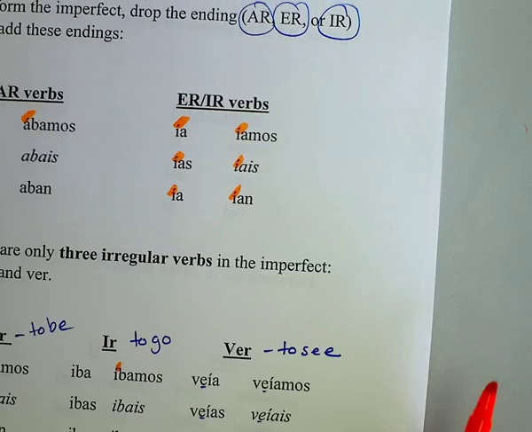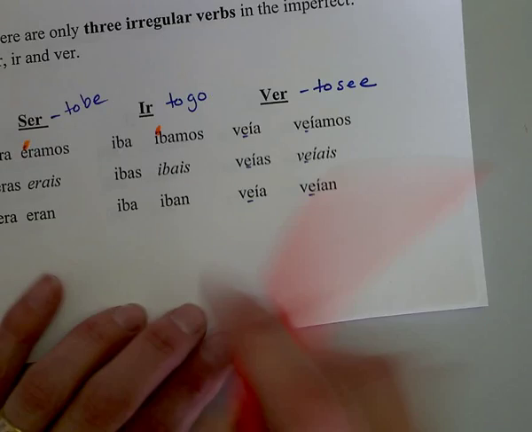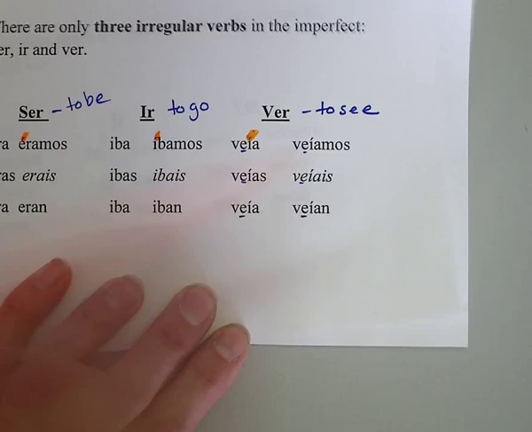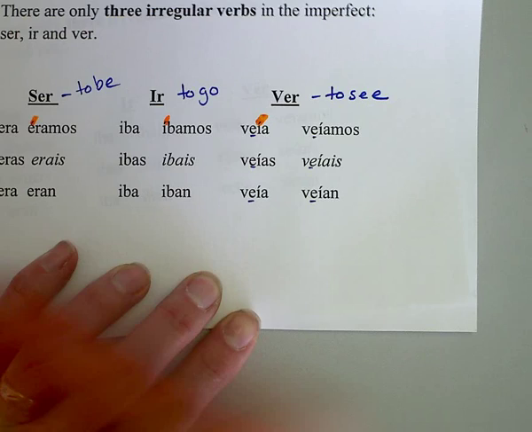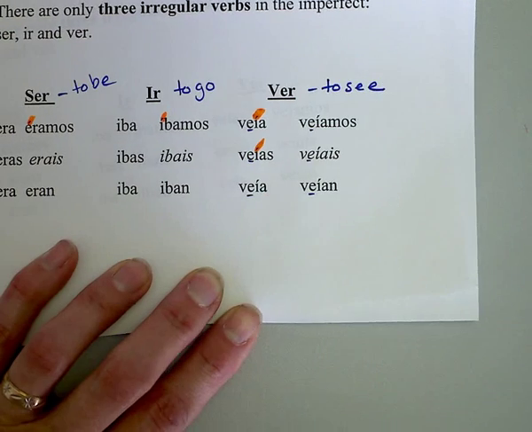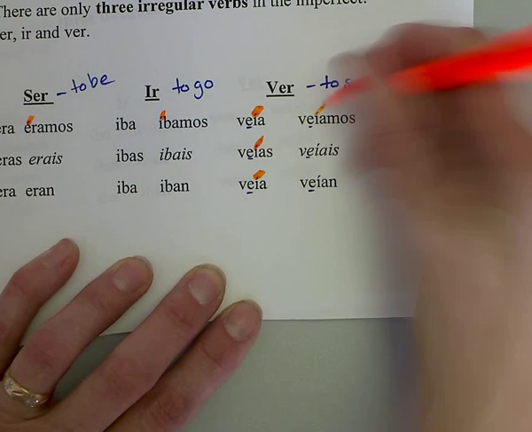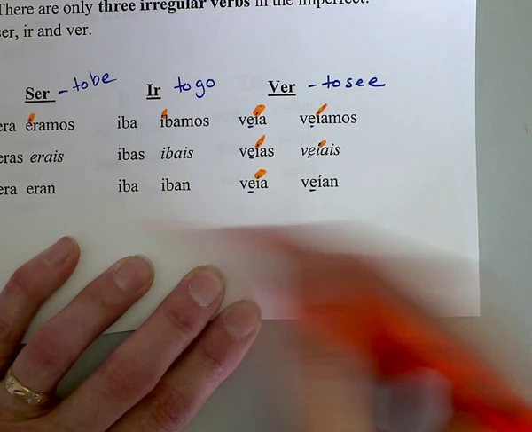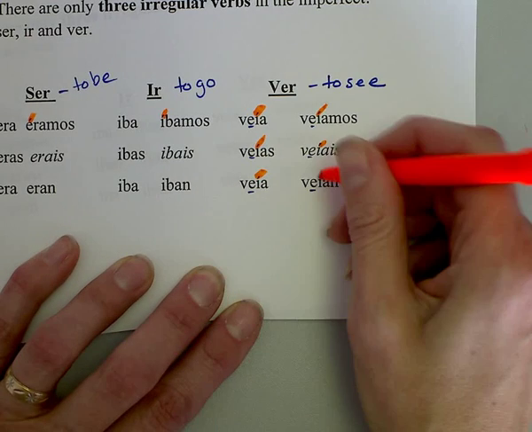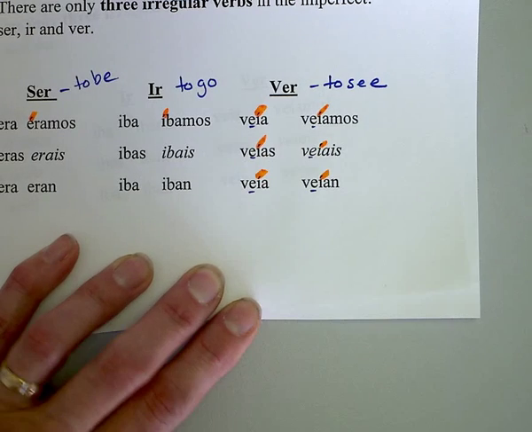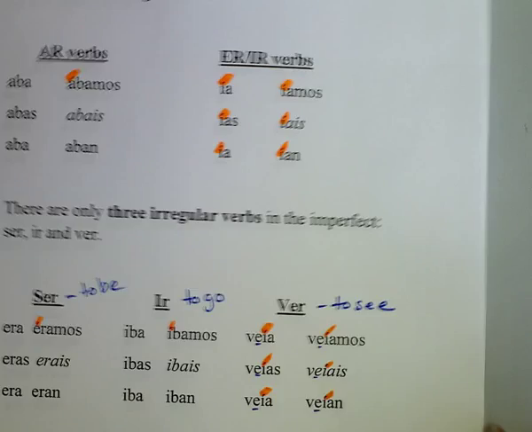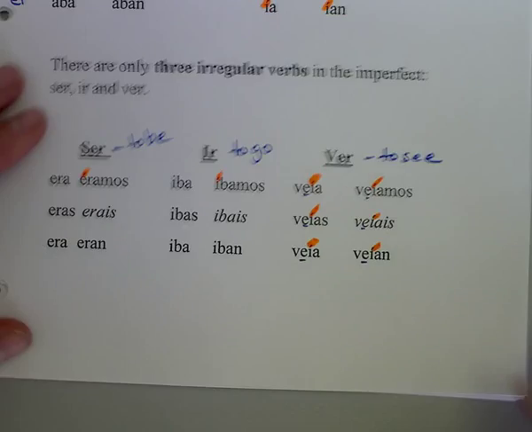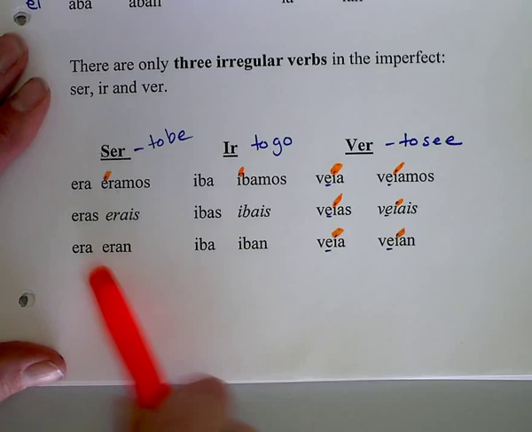So the only thing different is they added the E. So we have veía, veías, veía, veíamos, veíais, veían. There we go.